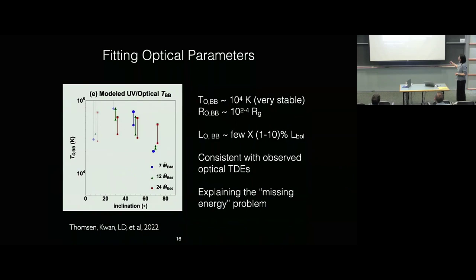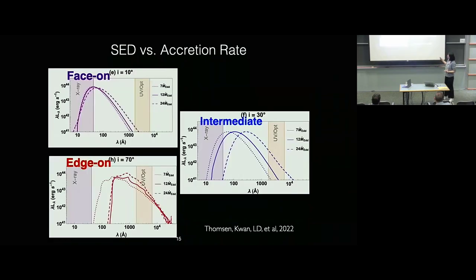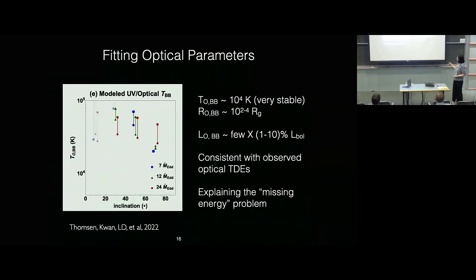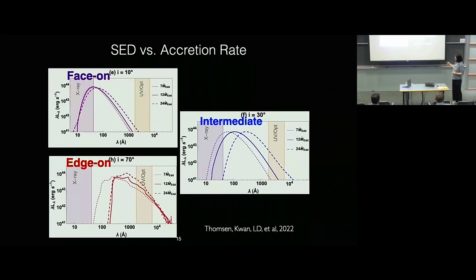The effective radius is also quite consistent. And quite interestingly, if we infer the blackbody luminosity based on this assumption, then that inferred luminosity ranges between a few percent to a few 10% of the actual bolometric luminosity carried by this SED, because this is not a thermal spectrum.